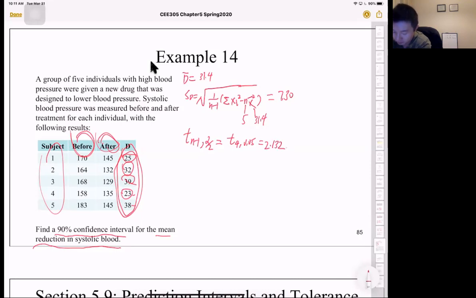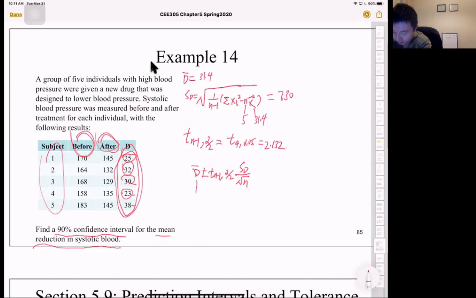So the 90% confidence interval equals the mean value of d plus or minus t(n minus 1, half alpha) times SD over the square root of n.